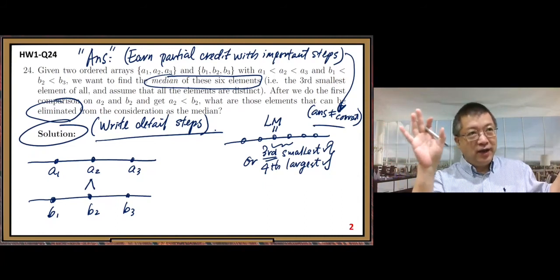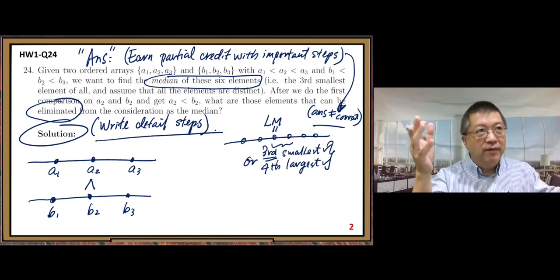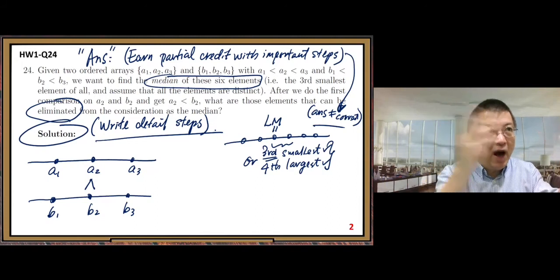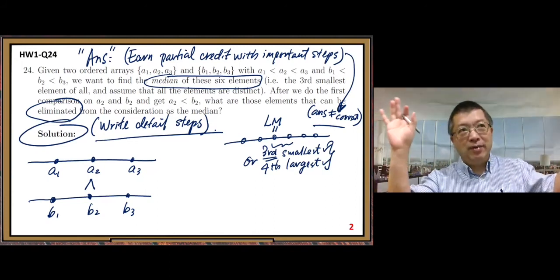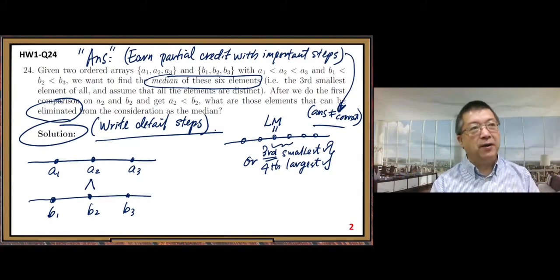So I ask you, which element can be eliminated from consideration of median of 5? I give you some information. Remember that one. Here, we use a similar idea.